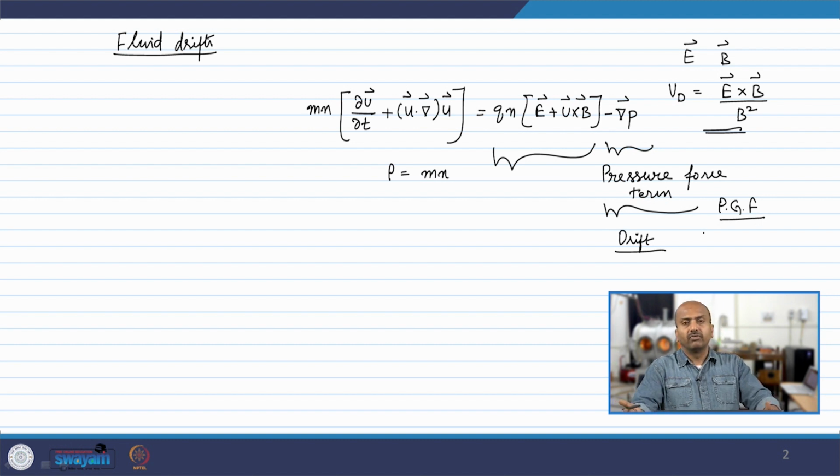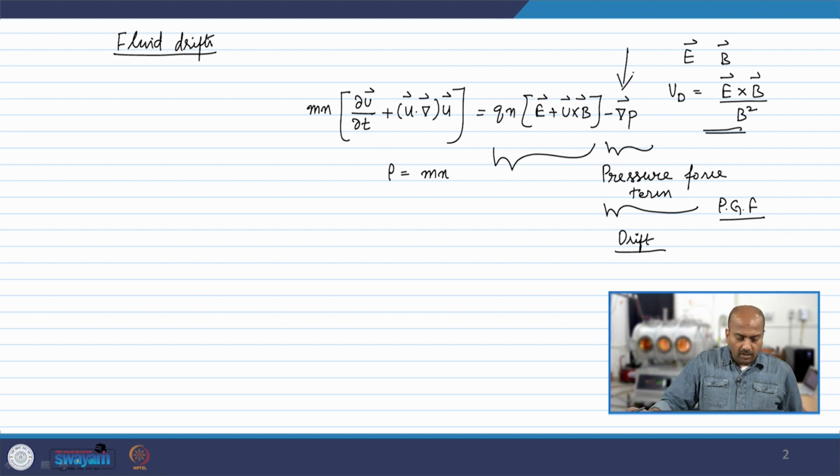We have an expression for the drift velocity under gravitational pull. We have an expression for the particle's motion when it is experiencing different sorts of electric and magnetic fields. But the moment you take it to be a fluid, you have to accommodate one additional force, which is called the pressure force. In this discussion we are going to see how we can evaluate an expression for a drift velocity for the plasma fluid.